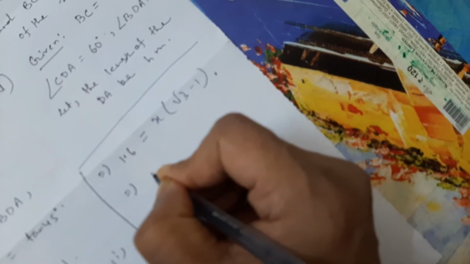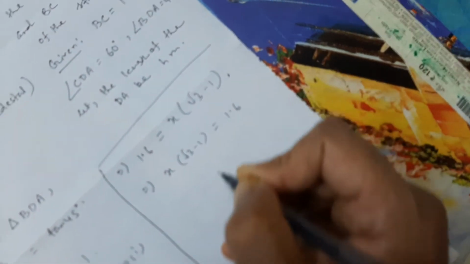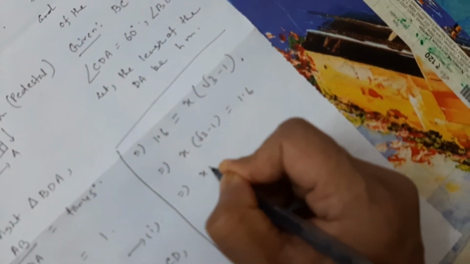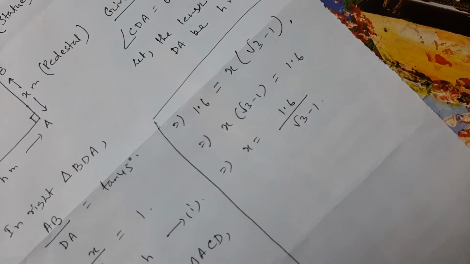So x into root 3 minus 1 equal to 1.6. Then x equal to 1.6 by root 3 minus 1.